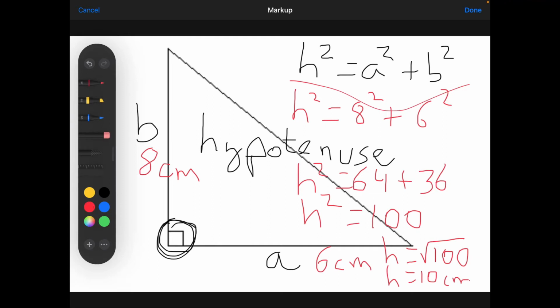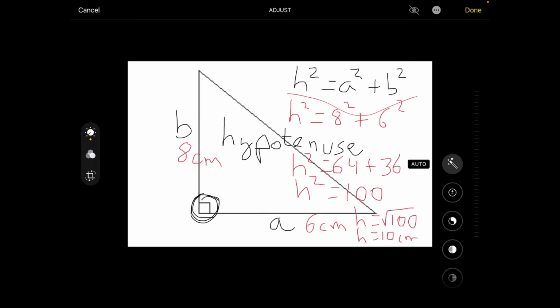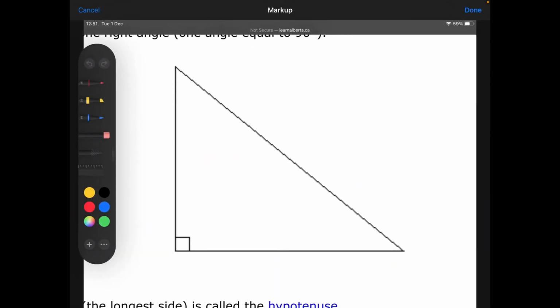find one of the shorter sides. So I want to do that. Now we can use Pythagoras theorem to find one of the shorter sides. So remember, Pythagoras theorem says that h square equals a square plus b square.